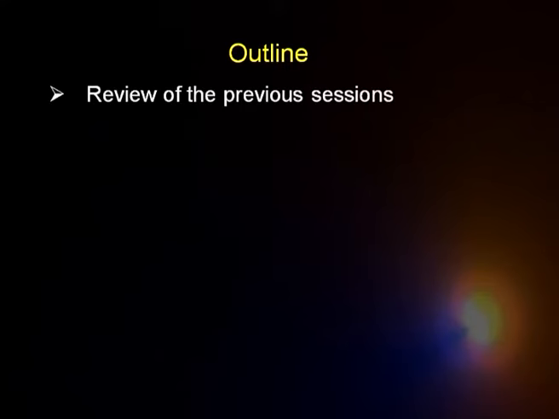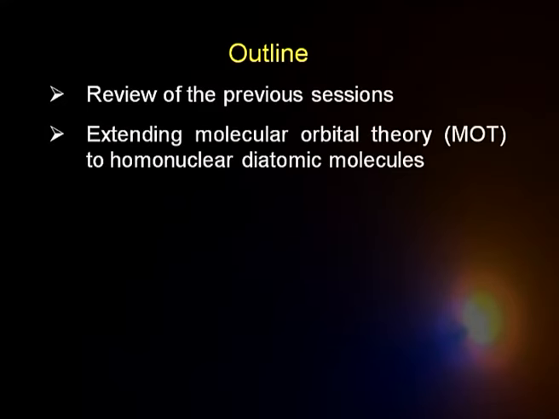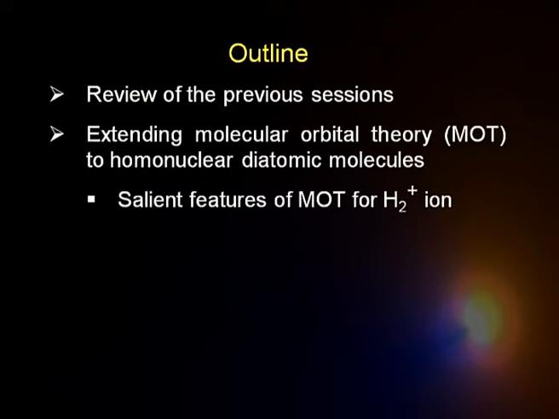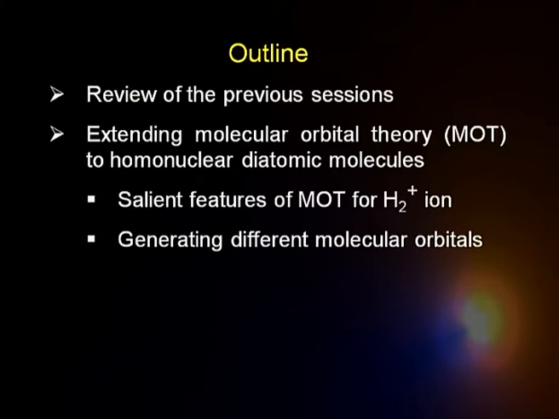To begin with, we will review what we did in the previous sessions, and thereafter we will see how we extend the molecular orbital theory to homonuclear diatomic molecules of, say, period 1 and period 2. In this process, we will recall the salient features of MO theory that we developed for the hydrogen molecule ion, and then we will see how we generate different kinds of molecular orbitals for homonuclear diatomic molecules.